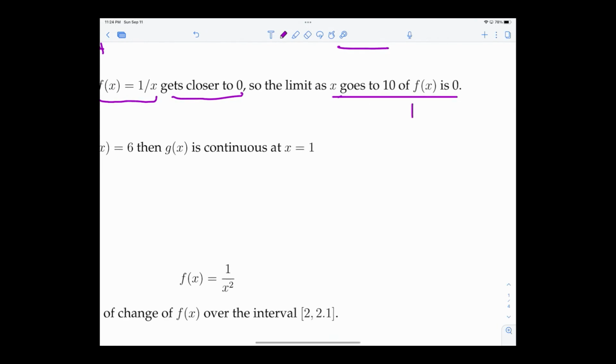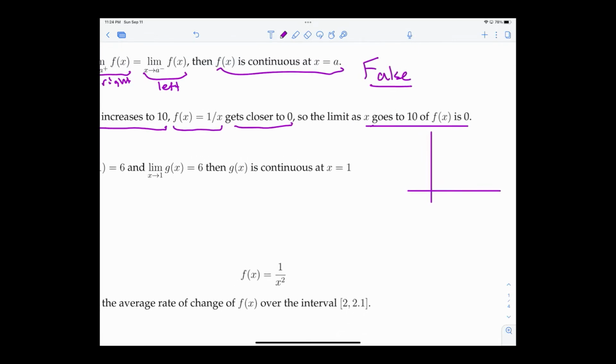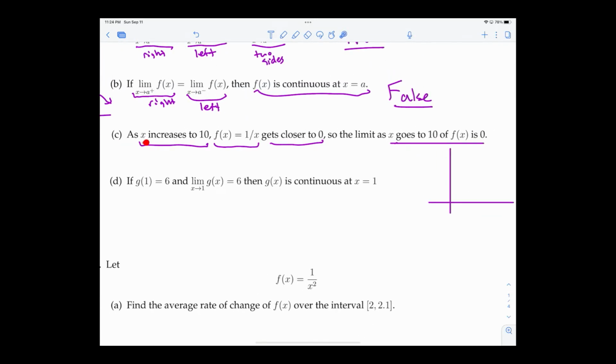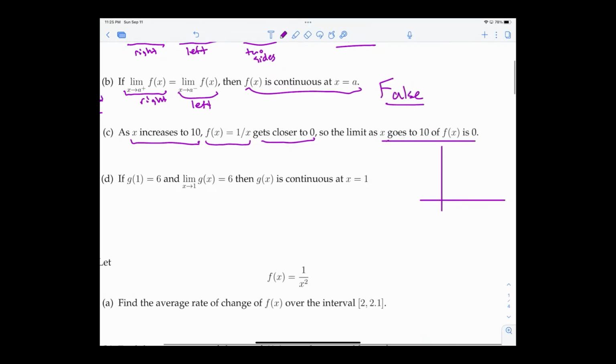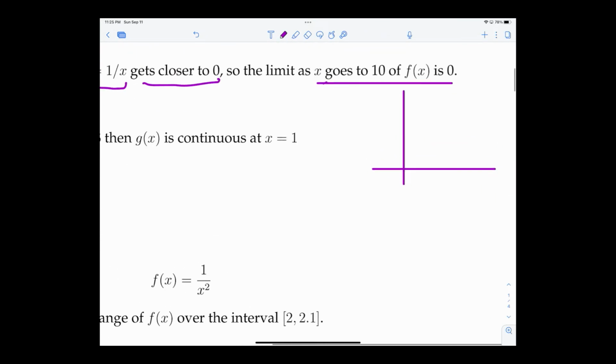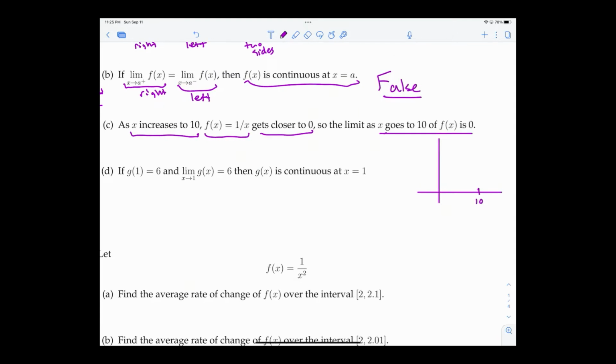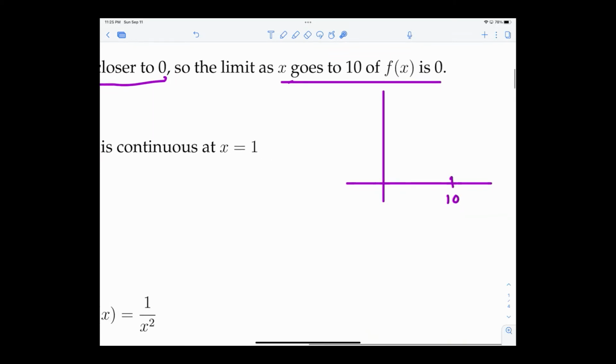If you look at a picture of what this is saying, we're looking at 10 on the x-axis, and as x increases to 10, f of x equals 1 over x gets closer to 0. That part's true because the function looks like this.